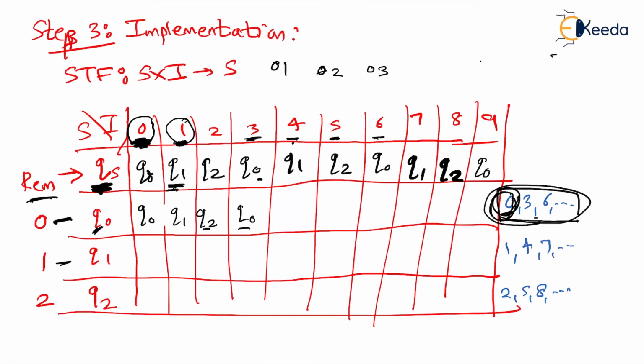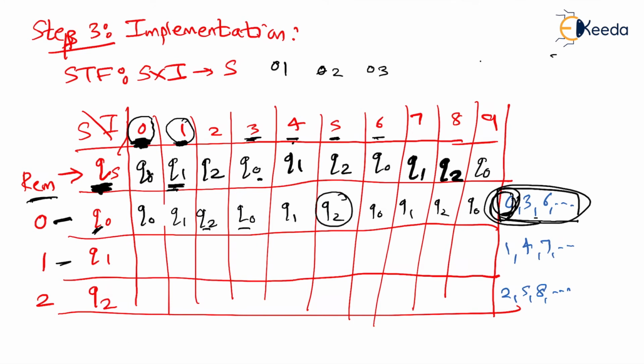So for now, I'll just fill up all the rows, all the values, and let us verify some of the cells. So this will be Q1, this will be Q2, Q0, Q1, Q2, Q0. Now let's say I am planning on verifying this particular cell which I just circled.